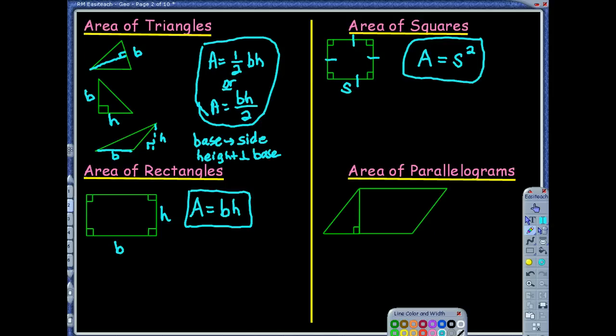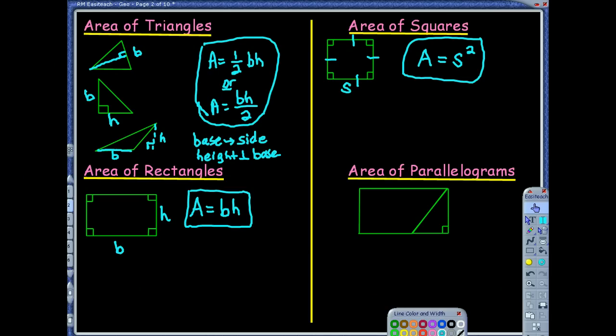Now, in a parallelogram, some of you might have an idea already. A parallelogram is not necessarily always going to be a rectangle, but rectangles are parallelograms, so keep that in mind. Something that's kind of cool: if I take this little triangle and move it over here, did I really change the area of this figure?